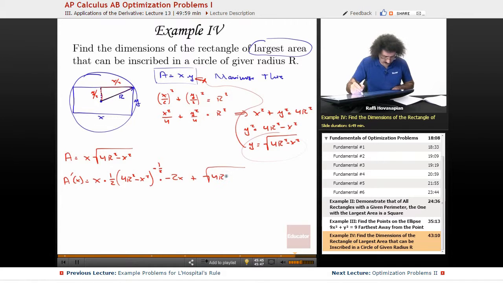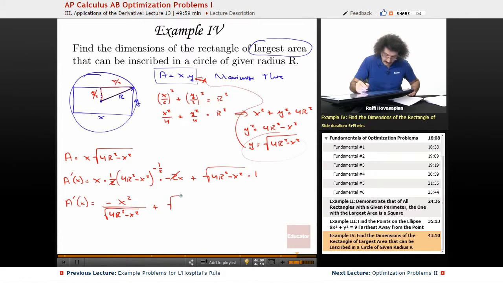So we get just the square root of 4r squared minus x squared times 1. I rearrange this to get, 2 and 2 cancel, minus x squared all over the radical 4r squared minus x squared, plus the radical 4r squared minus x squared.